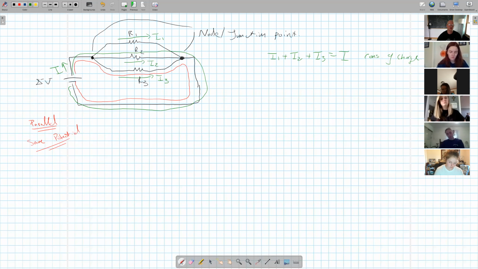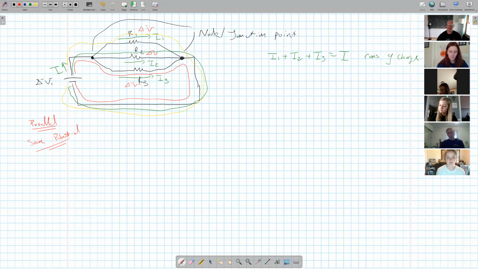So this potential drop here has to equal that of the battery. Or I can start off here and go through the top portion, down through the battery. In that case, again, conservation of energy says whatever potential I gain from the battery has to be lost through this resistor. So this also has to have exactly the same amount of potential. So in parallel, conservation of energy tells me that the potential across each one of these different resistors has to be the same. Okay? So this potential here has to be the same as this potential here, which has to be the same as this potential here, which in this case has to be the same as the battery itself.